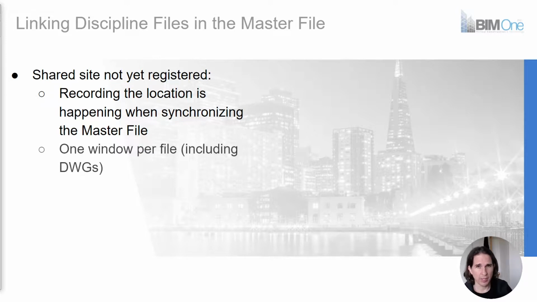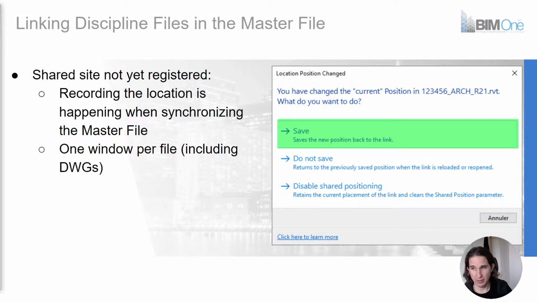So you would get 1 window per file. Here that's my architectural file, and it's asking me explicitly to save the current location back to the link, so back to my architectural file. What happens in the background is that Revit will write the information of the new shared location in the project info of the discipline file.